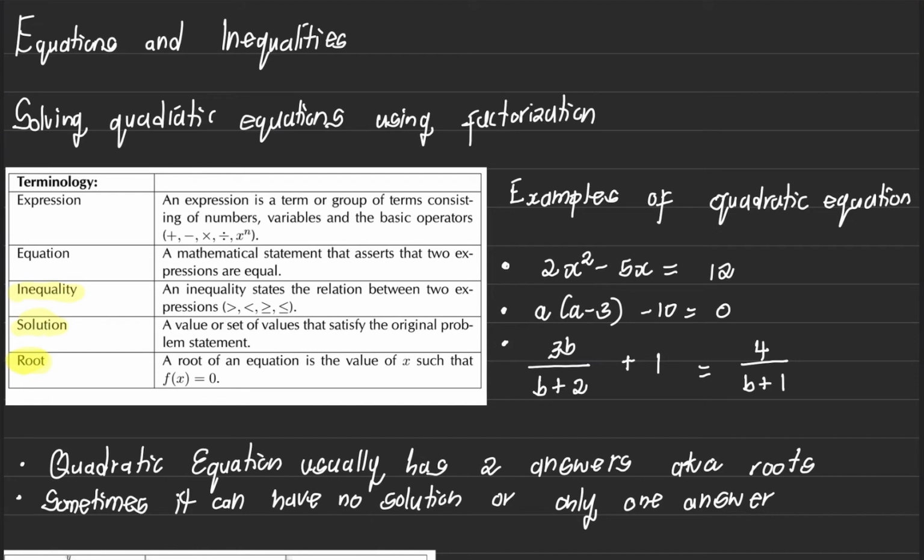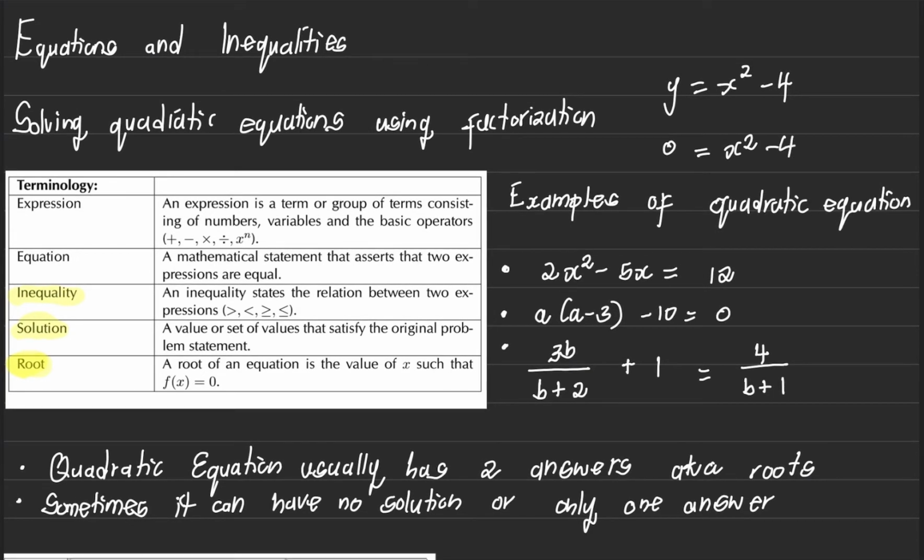For example, if we have the equation y = x² - 4, and you want to look for the roots of this equation, you will replace y by 0, so 0 = x² - 4, and then factorize the x² - 4 and solve for x. You will get two x values, which are x = -2 as well as x = 2. Those two values are referred to as your roots.